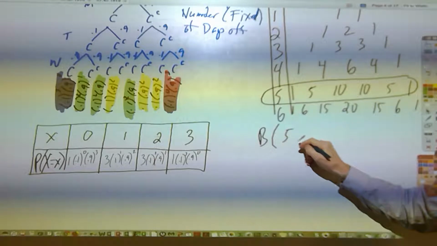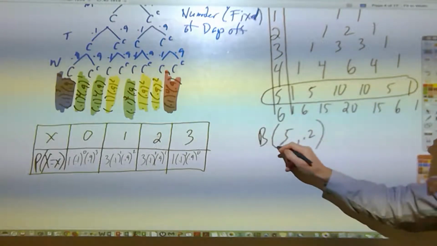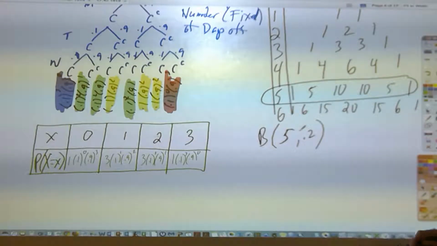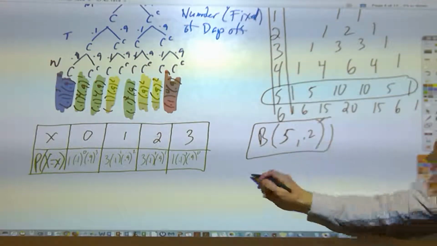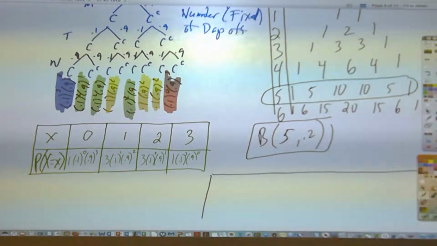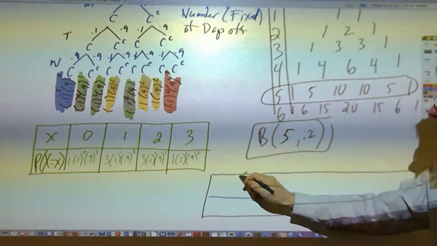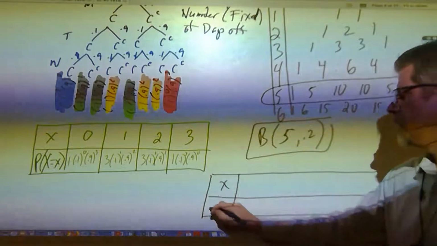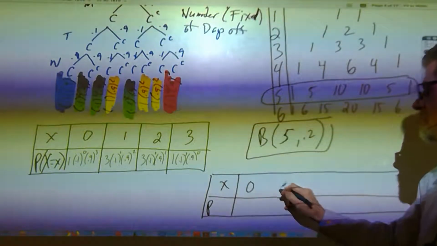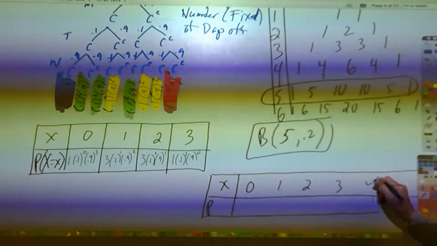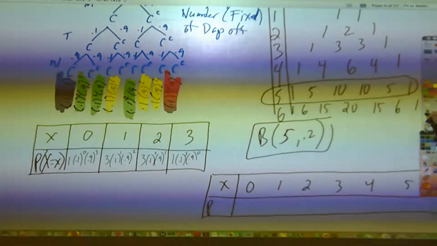So 5 days of school, suppose that 0.2 is the probability of school being called off on any given day. Can you draw, using row 5 of Pascal's triangle, the probability distribution for days 0, 1, 2, 3, 4, or 5 days off of school?